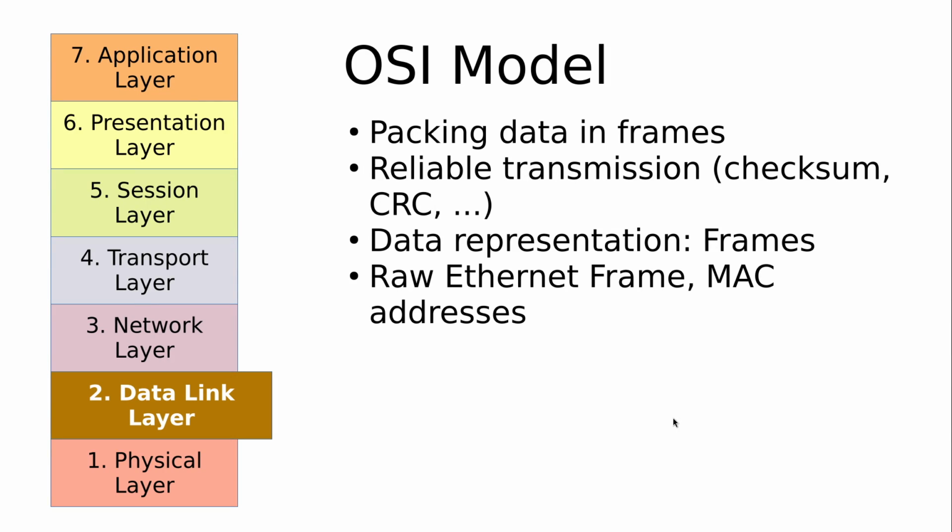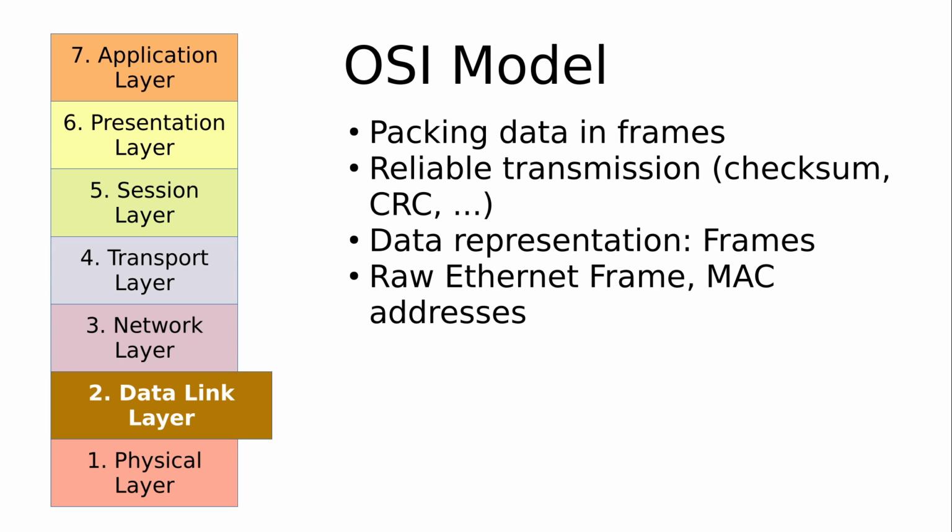Okay, the next layer is the data link layer, which packs the data into frames. It's also adding some information to get a reliable transmission, for example checksums, CRCs, and so on. The data representation here are frames. An example for the data link layer are raw Ethernet frames.